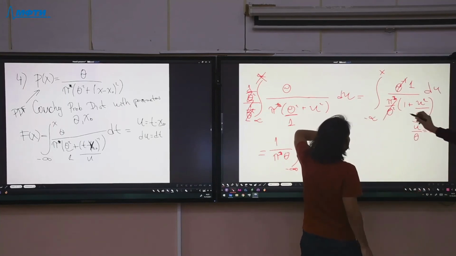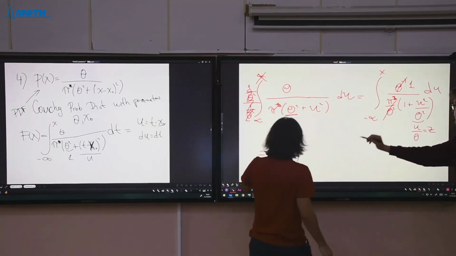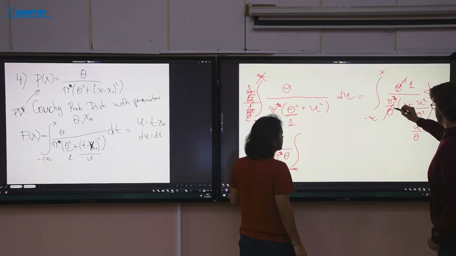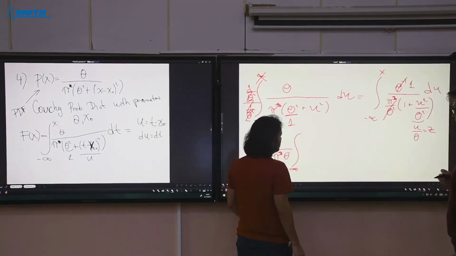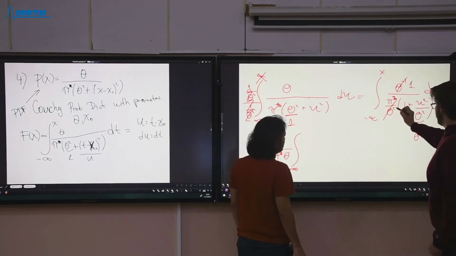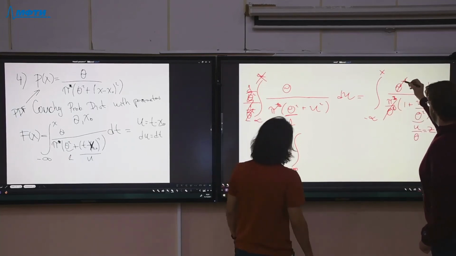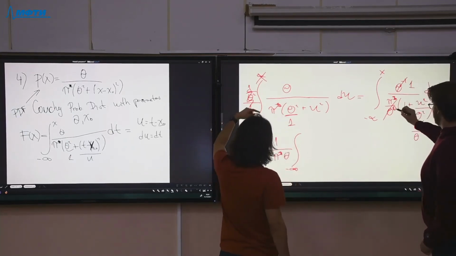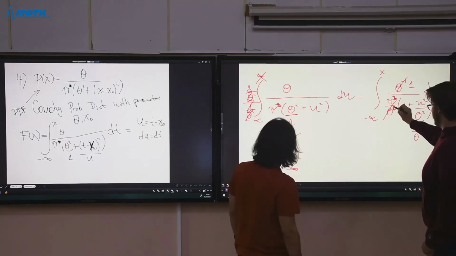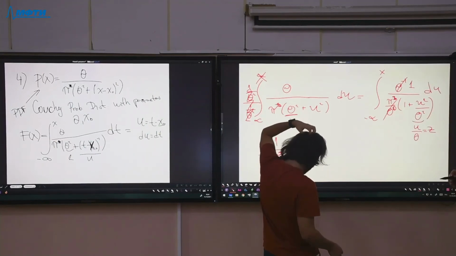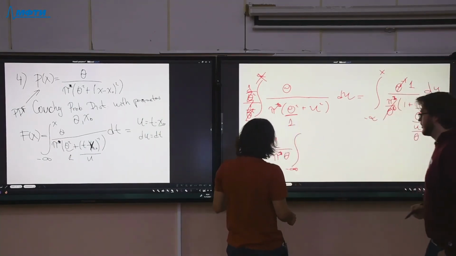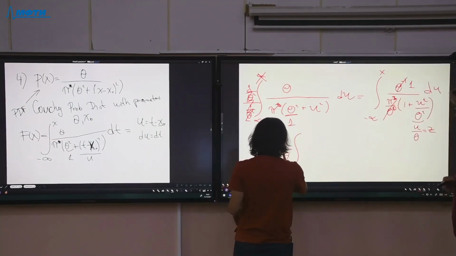Shouldn't it be pi over theta here, because here's only 1 and here's 2? If we eliminate, it's going to be 1, and here it's going to be over theta, not multiplied by theta, because you see theta squared here. So it's going to be pi over theta.